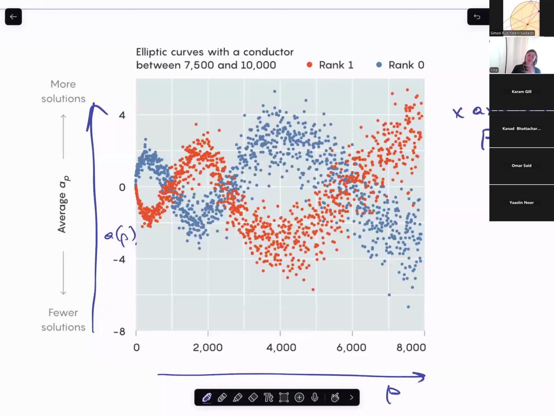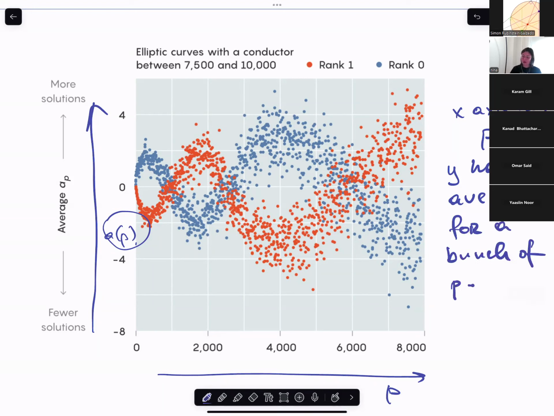So they would take a whole group of elliptic curves and compute the average of AP for a fixed P. So the y-axis is the average, for a bunch of E, sorry. Let me just repeat. Take a whole bunch of primes going up to, in this case, I guess something like 8,000.